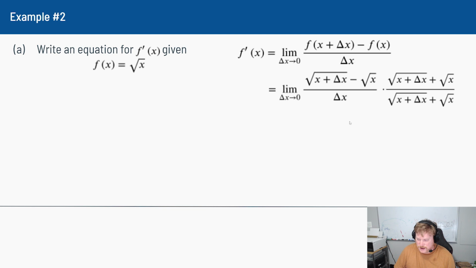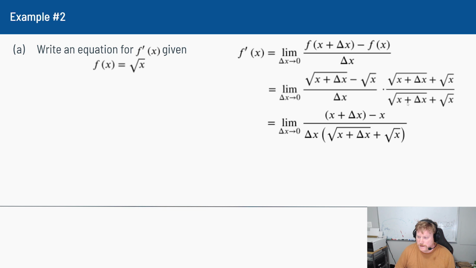And in this case, we have a rational expression that's more challenging to simplify. But one of our strategies that we can use from algebra is multiplying by the conjugate. And that tool is really useful because in the numerator, you'll now see that we have a sort of factored form of a difference of squares, namely a minus b times a plus b. And multiplied together, that should just yield a squared minus b squared, or the difference of squares.